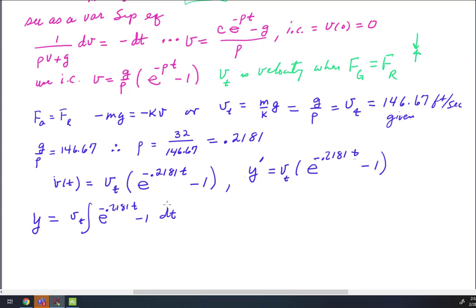And how much can I skip here? So do this integral, and I'm going to let you do that. I'm not going to write down what all that is. And use y of 0.